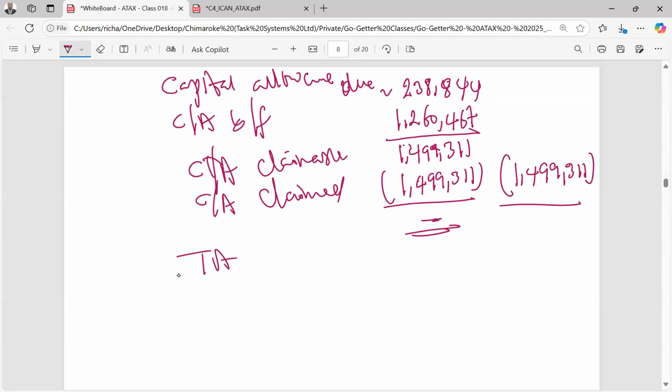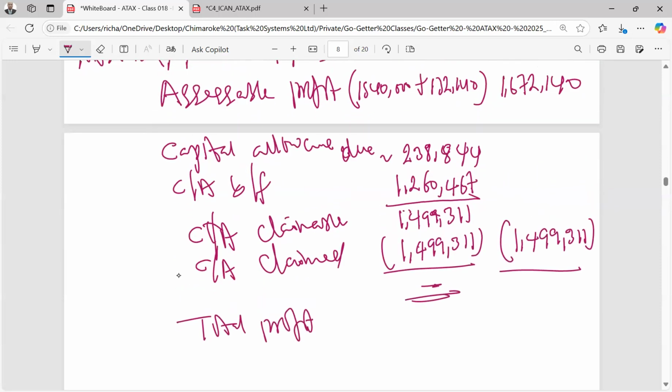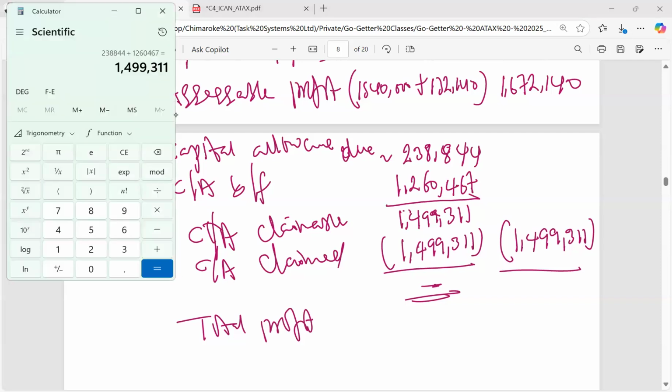Your total profit will now be, so let's remove this from 1,672,140.